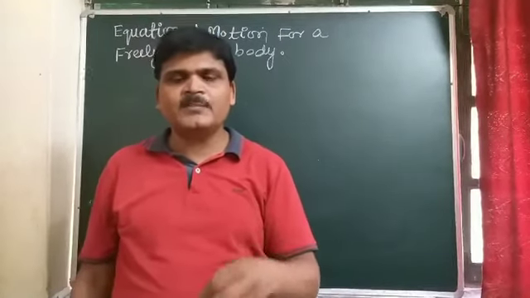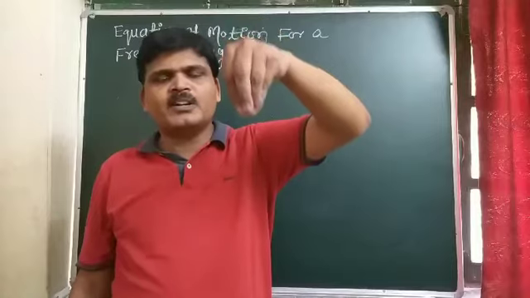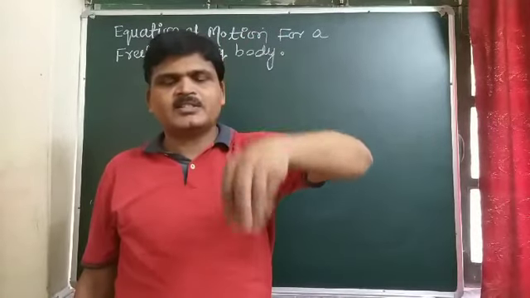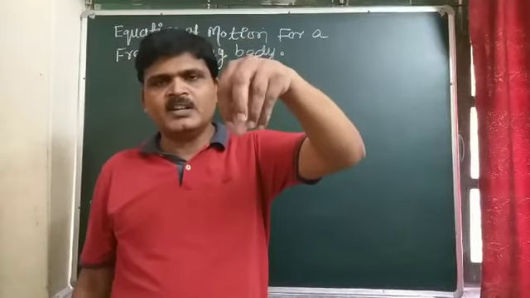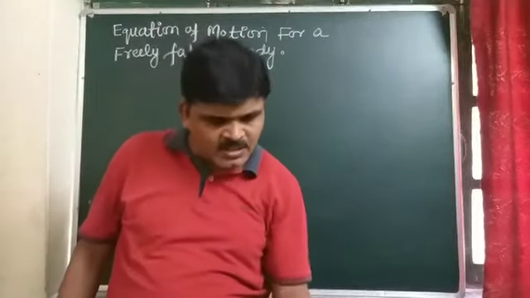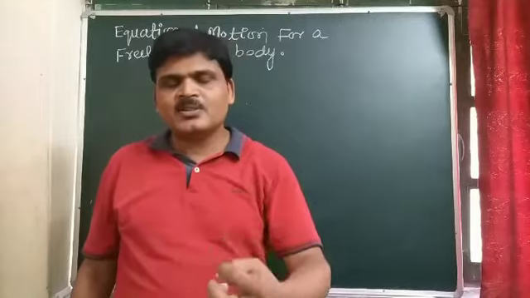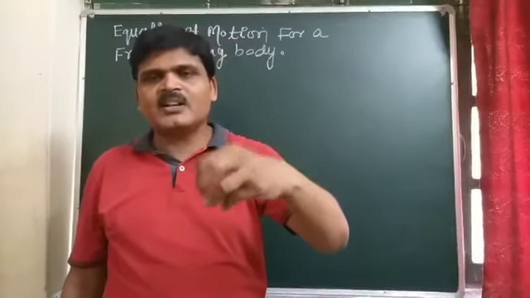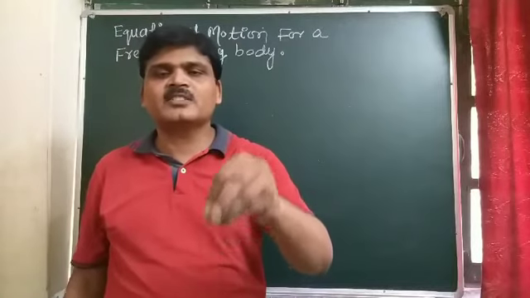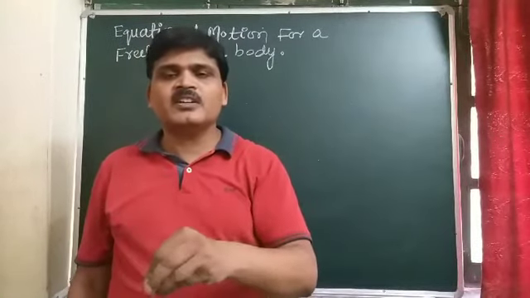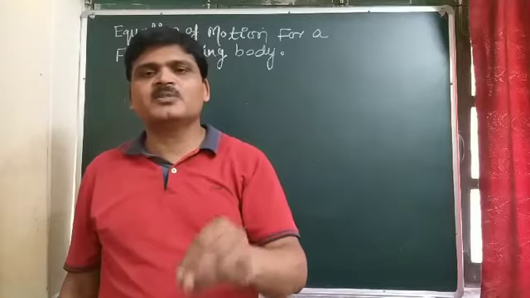Or we can say that if a body falls freely, its velocity continuously increases. So in the downward direction, acceleration due to gravity is taken to be positive. So in the direction of increasing velocity, acceleration due to gravity is taken to be positive.